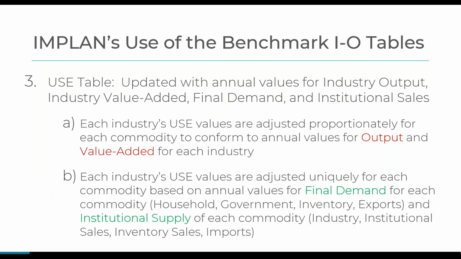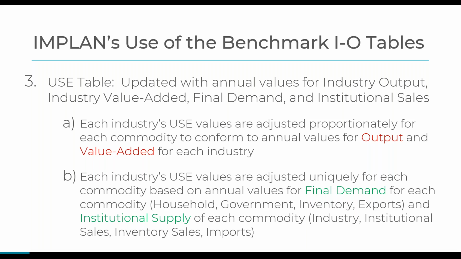But then we have a second thing that we have to pay attention to, and that's because we get new data on final demand for every commodity and institutional supply of all those commodities. So in this case, each industry's purchases of each individual unique commodity gets adjusted uniquely.